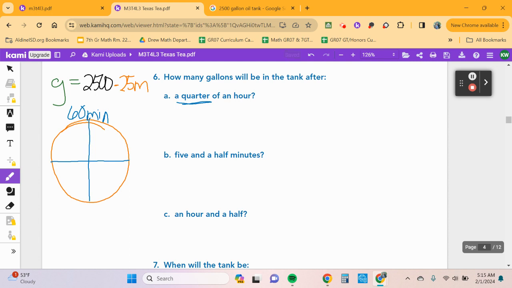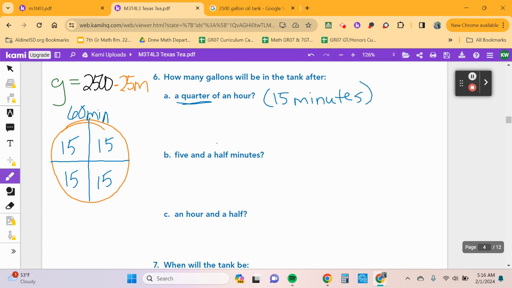I can divide or I can reason. Well, 60 split in half, I know is 30. And 30 split in half is 15. So I know that 15, 15, 15, and 15 give me 1 full hour. So the time that I'm going to use is 15 minutes in my equation for 6A.